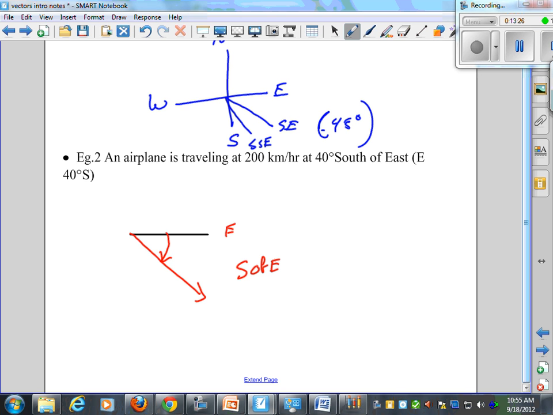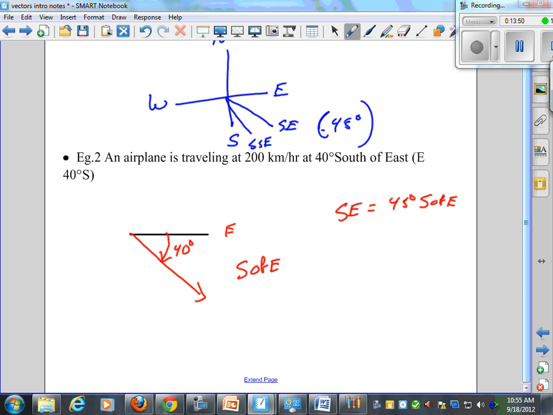You said it was southeast. But in this case, it's not exactly 45. This one is 40 degrees. Good point, though. It has to be exactly 40. If I just say southeast, then that is equivalent to 45 degrees south of east. So it's southeast, but with the degrees specified in the question.